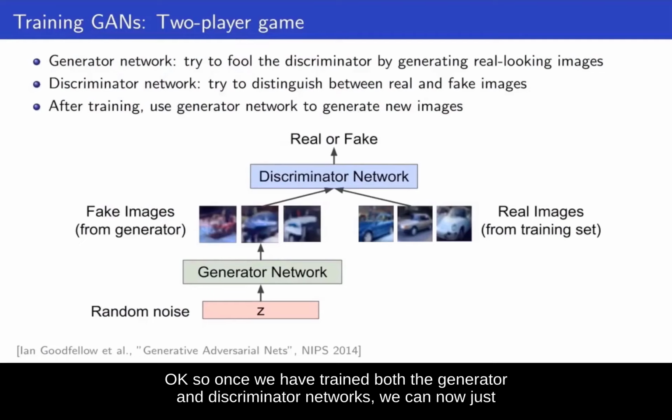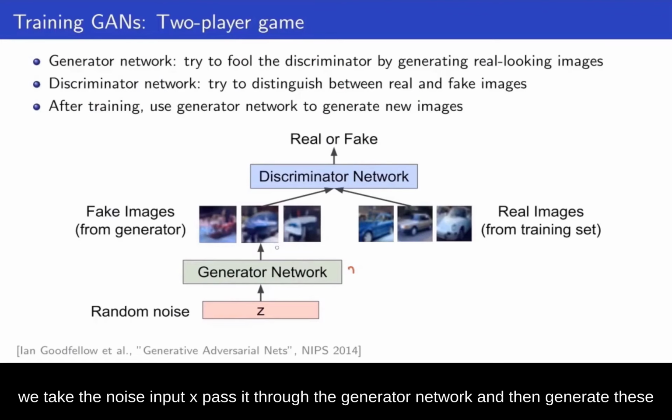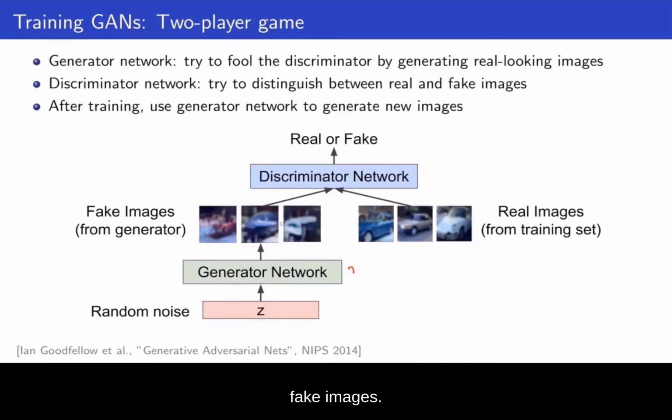Okay, so once we have trained both the generator and the discriminator networks, we can now just take the generator network and use it to generate new images. We take the noise input Z, pass it through the generator network, and then generate these fake images.